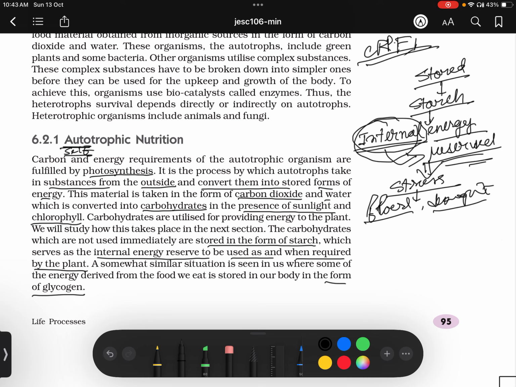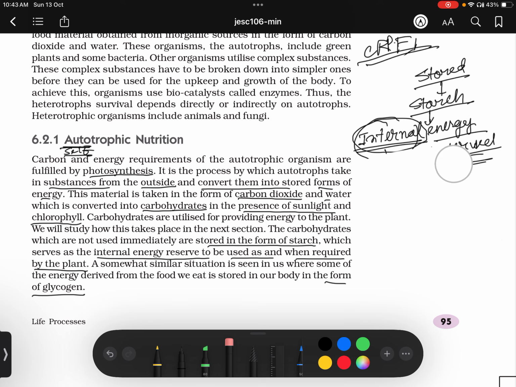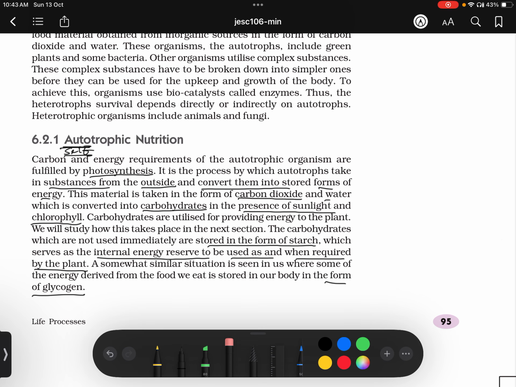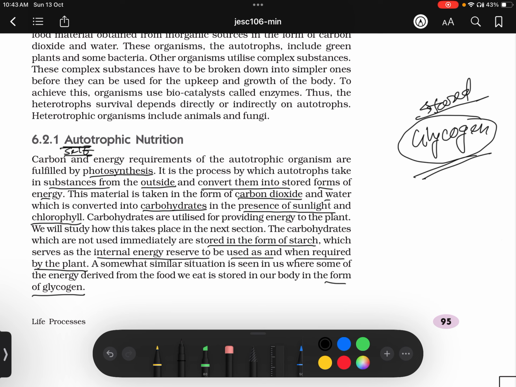Now it is about the plants they have said. Now what about the animals? That means animals including us, the humans. In human the stored form is glycogen. You have to remember this, glycogen is the stored form in human.